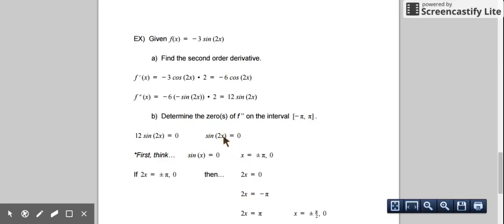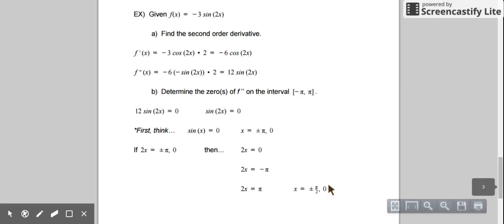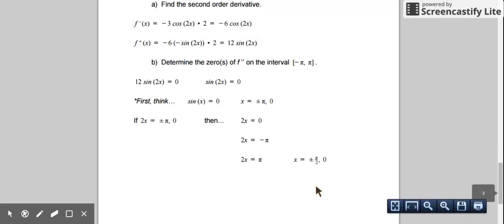And I know that if I plug in negative pi over 2, then 2 times negative pi over 2 is negative pi, and the sine of that is 0. And I can do the same thing with positive pi and plug in pi over 2, and that would simplify to just pi, and the sine of pi is 0. So the solutions, or the zeros, of my second derivative are positive and negative pi over 2 and 0.